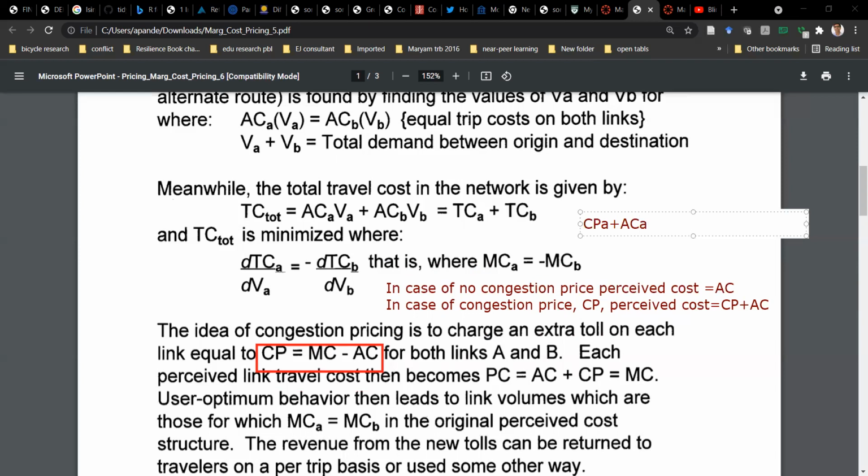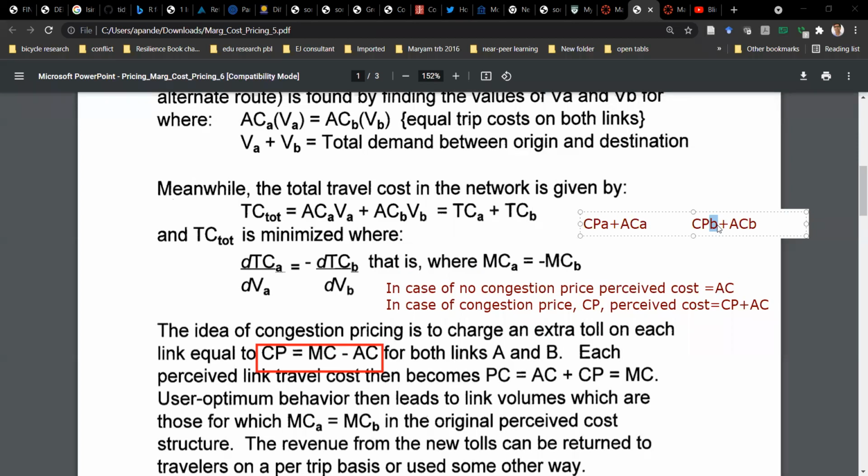And then your route B perceived cost is CPB plus ACB, right? And then assume that the small letters are subscript, okay? I can't quite make the subscripts here, but this should still work. Now, this is your perceived cost.